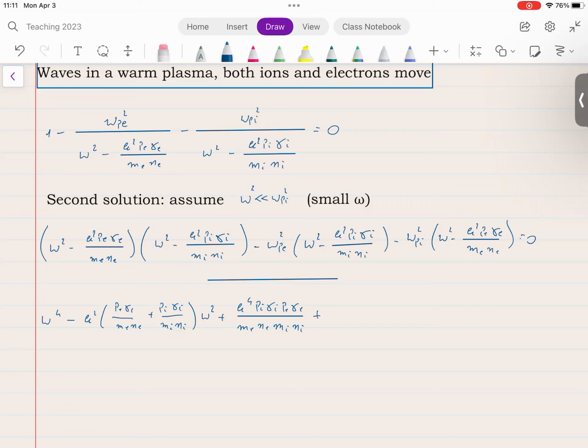Let's see, maybe easier to write it on the next line.